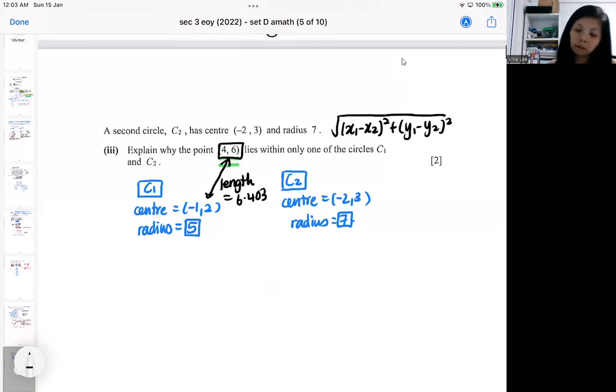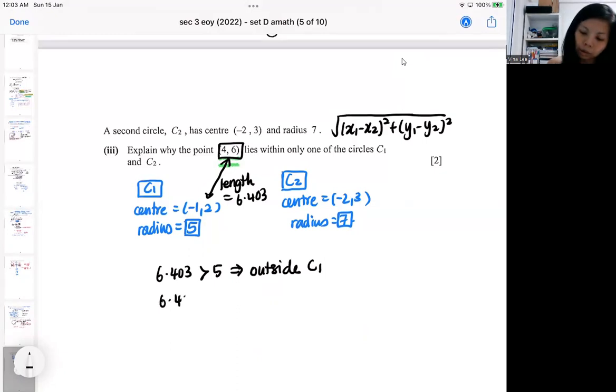So 6.403 is more than 5. That means it's outside C1 because it exceeds the radius of 5. But 6.403 is less than 7.